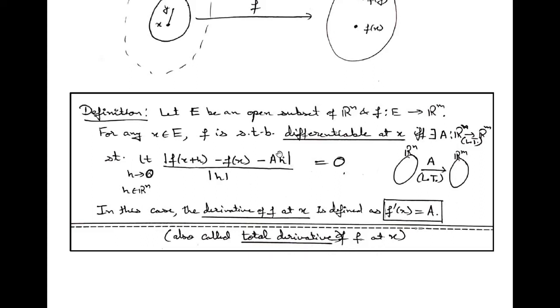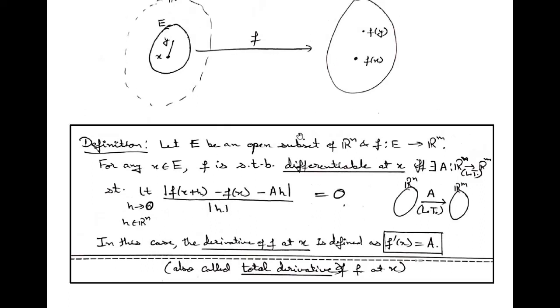But let us now complete the definition with this understanding of limit. Function f is differentiable at point x if and only if there exists a linear transformation such that this limit is 0. It is very similar to what we discussed originally for derivatives and partial derivatives. What is the change from x to x + h?